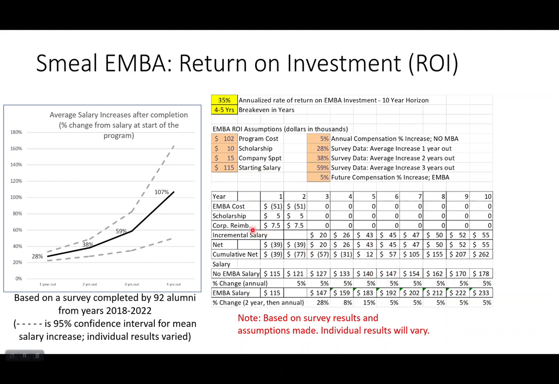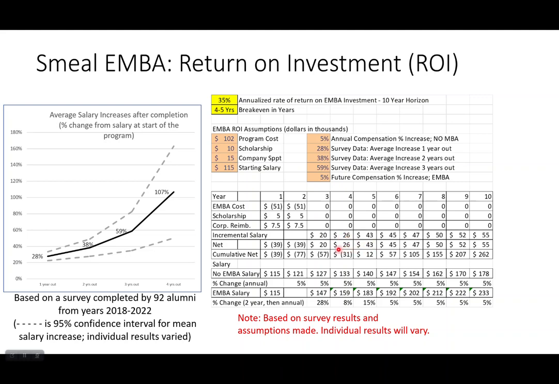So calculating the return on investment at the end of the second year, assuming no change in salaries, you're down $77,000. So the question is, what rate of return do we get on this $77,000 investment? Well, on a pre-tax basis, you're making an extra 20 in year 3, an extra 26 in year 4, and so on.